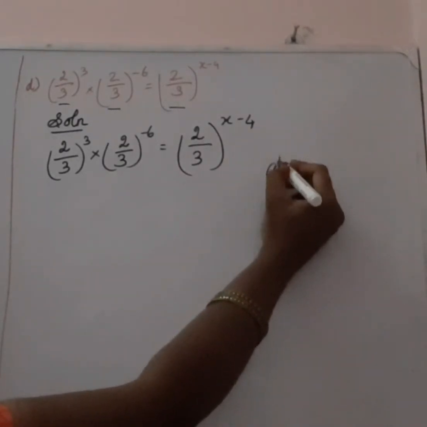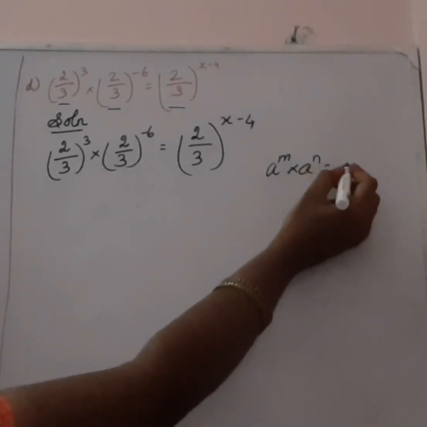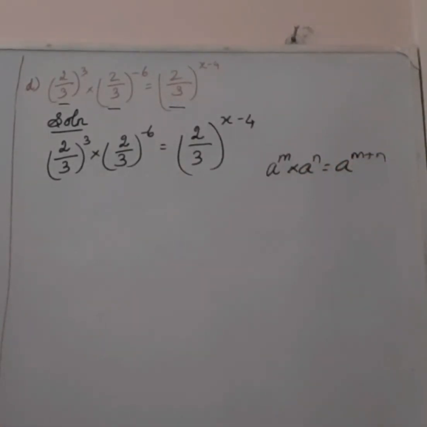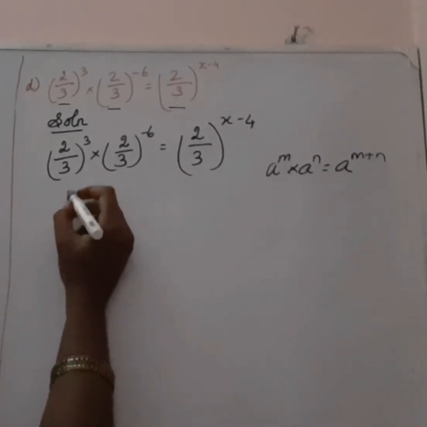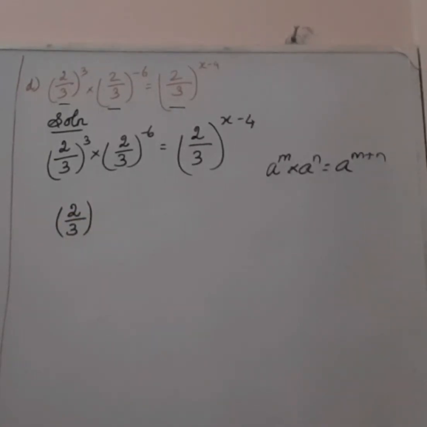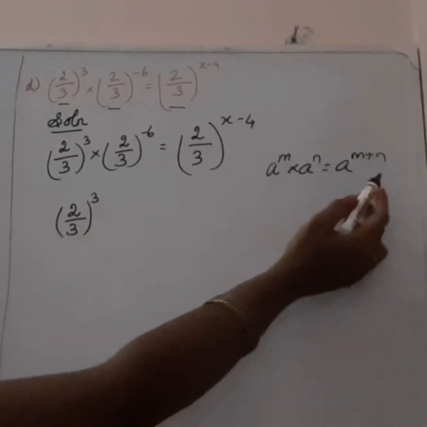Very good. A power m into a power n equals a power m plus n. So apply it over here. What do we get? The base is 2 by 3. And what is the value of m? It's 3. And what is the operation in between?